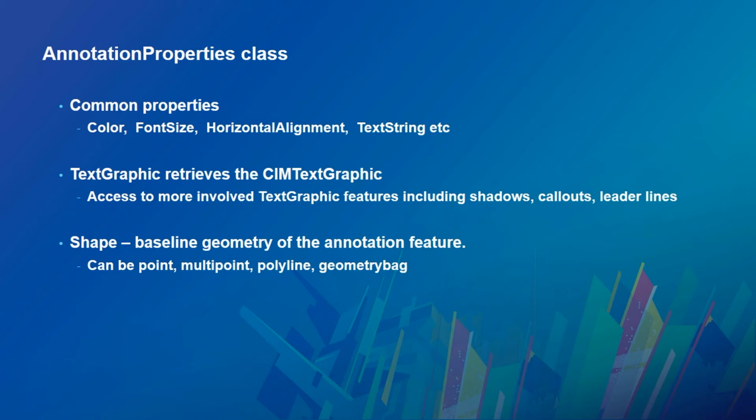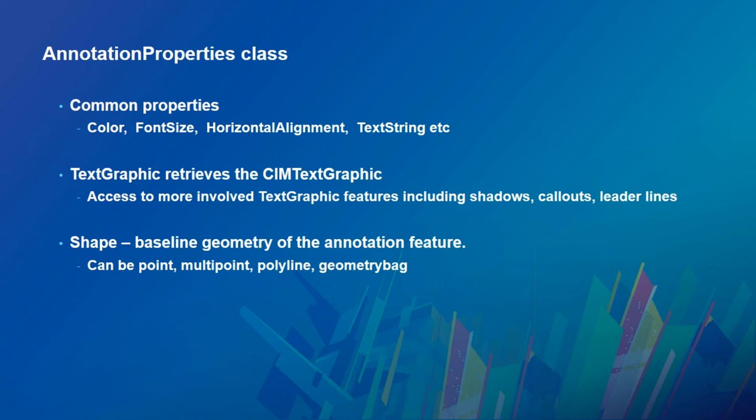So for something that might be a little bit more esoteric, where maybe you want to add a shadow or a leader line or a call out, you can access the text graphic, access those particular text symbol objects, add your particular leader lines, and assign that text graphic back. We also have a shape property of the Annotation Properties class, and this is actually the shape that you are interested in.